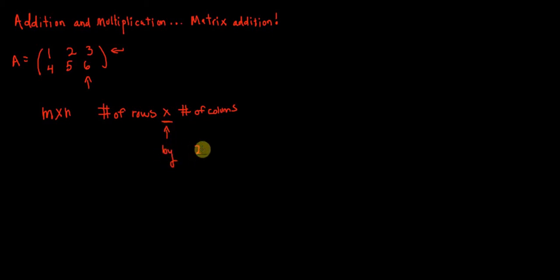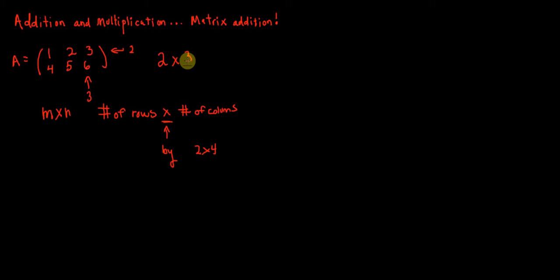Kind of like 2 by 4, which is common dimensions for wood. Our example matrix here has 2 rows and 3 columns. So we would define this matrix's size as 2 by 3.